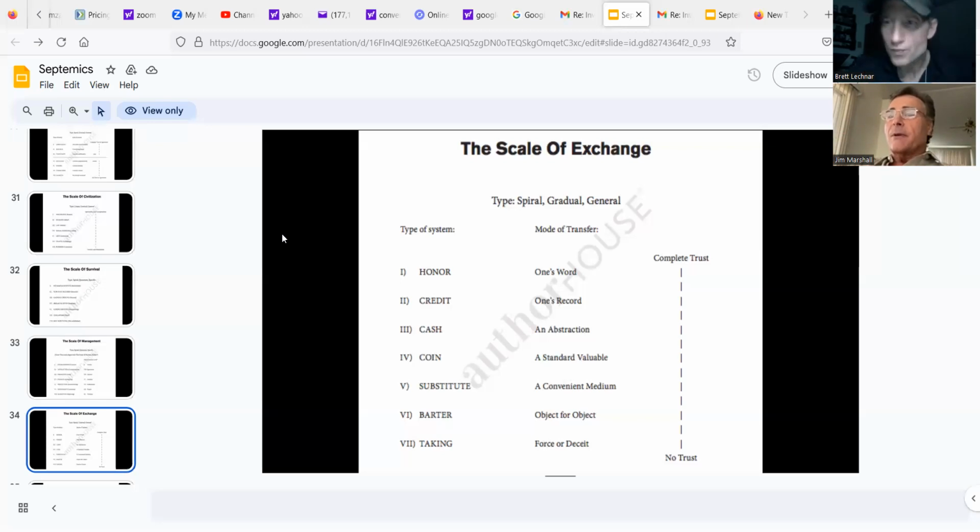Now, the real problem comes in where you have crooked people who are exchanging at high levels, as I just said, like with scams. I don't know about you, but I've had many times where people scammed my bank. I don't know how they did it, but I had all these things showing up in my bank account.